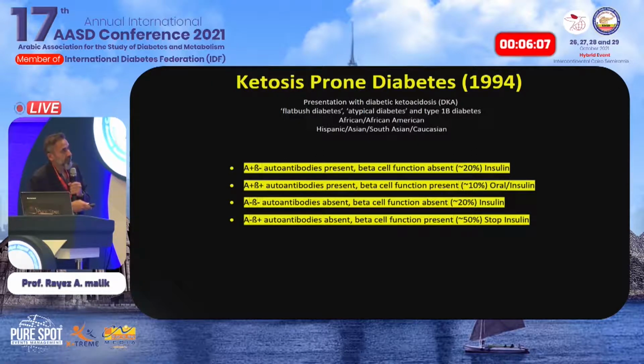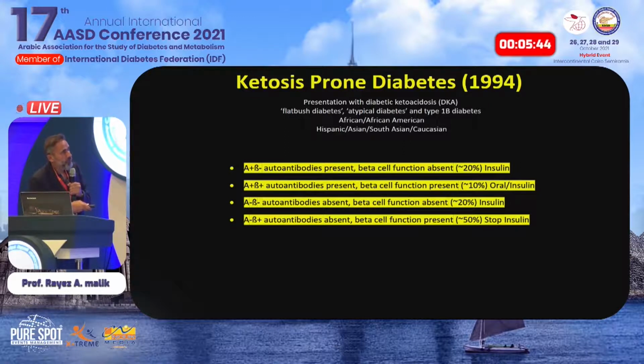Essentially what you have to think about is whether or not these patients have antibodies and or beta cell function. There are 4 subgroups. The first class is A plus beta minus, which is antibodies present, beta cell function absent. In these people, you need insulin.